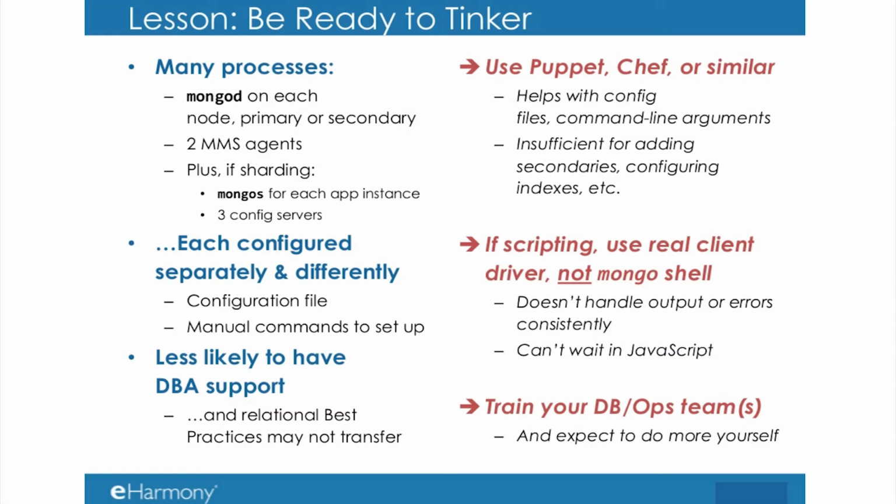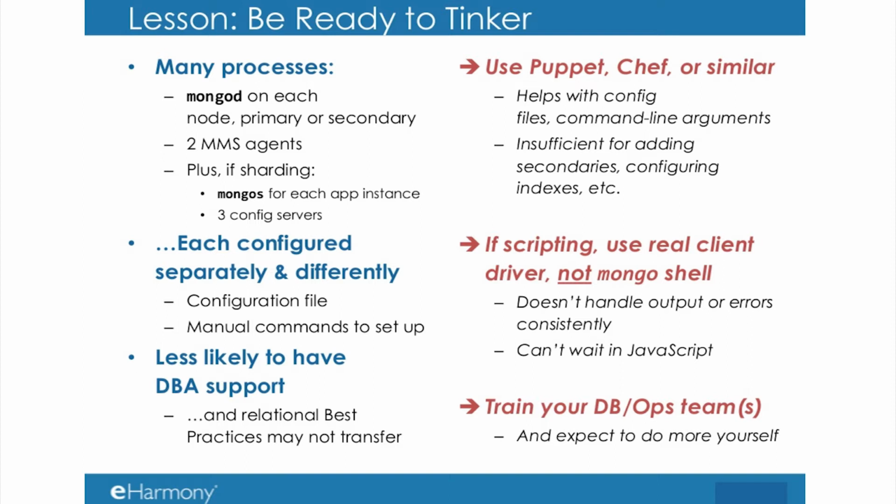But this picture leads me into the second lesson that I have for you today, which is be ready to tweak things and experiment and try out a lot of stuff, because Mongo has a ton of moving parts. For a good sized cluster, it would not be unusual for you to have almost 20 processes that you have to administer, because you have an instance of MongoD on each node.